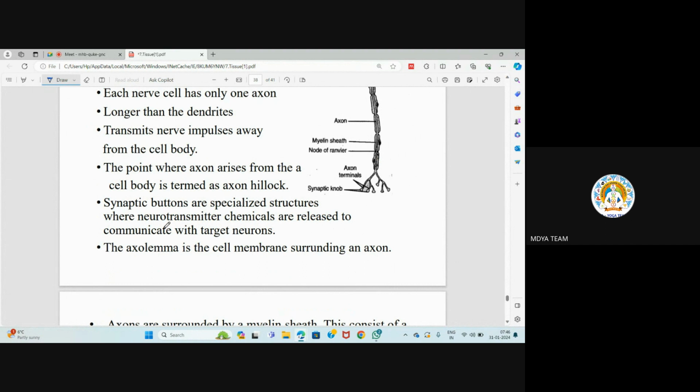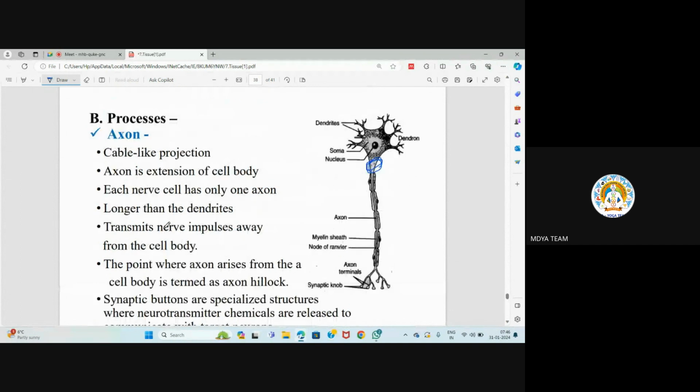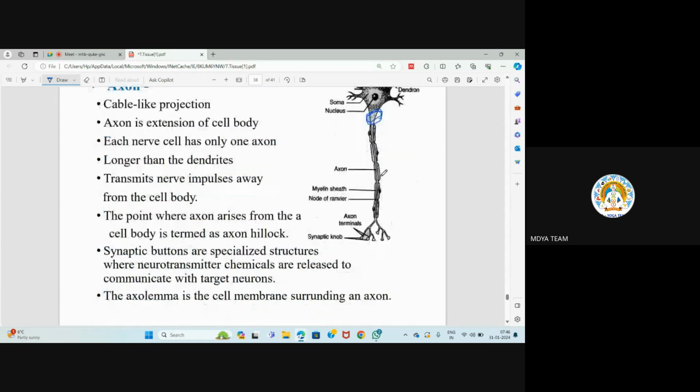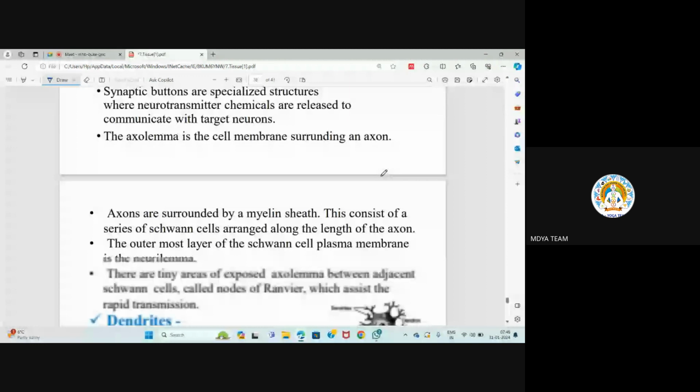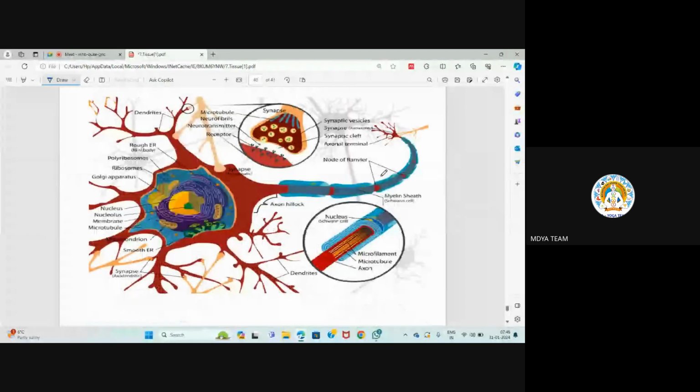The axolemma is the cell membrane surrounding an axon. So here a membrane is also present which is covering the axon, known as the axolemma. You can see the axolemma in detail here.